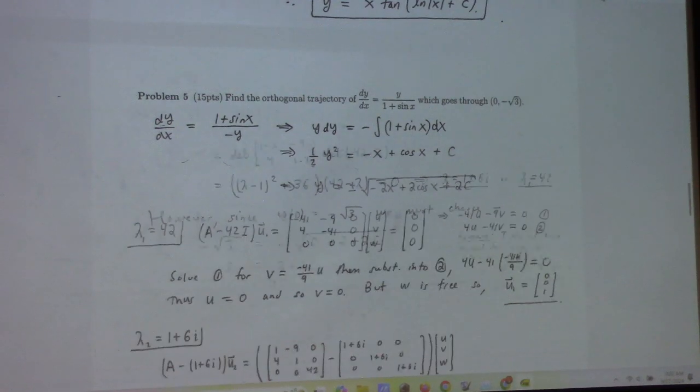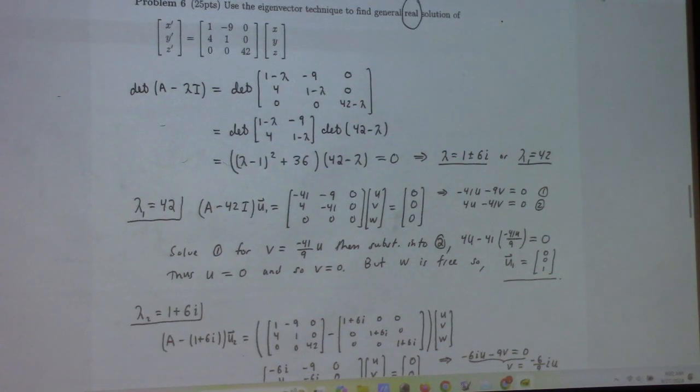Problem 6. Again, as I said in the announcement, I'm sorry if not knowing the eigenvalues tripped you up here. I really would have told you if you guys had asked me. I didn't mean to stump you on that. But in any event, this is what I was talking about in the review session when I said the determinant of a block diagonal matrix is the product of the determinants of the blocks.